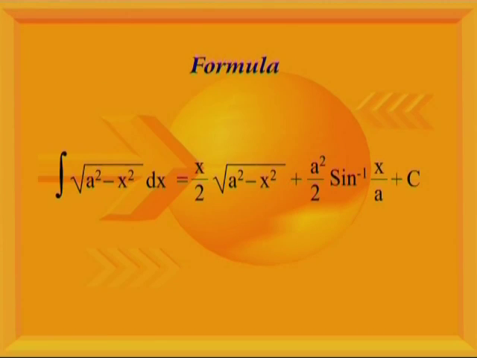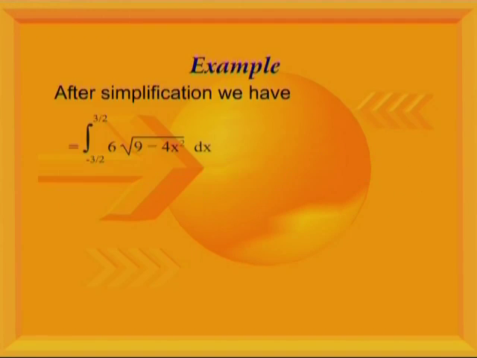And we know that is equal to x into square root of a square minus x square divided by 2 plus a square over 2 into sine inverse of x over a. Applying this result, our integral is equal to 6 by 2, then integration from minus 3 by 2 to 3 by 2 of square root of 3 by 2 squared minus x square with respect to x.